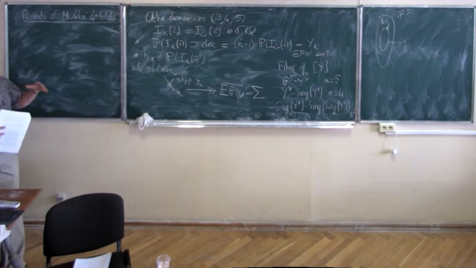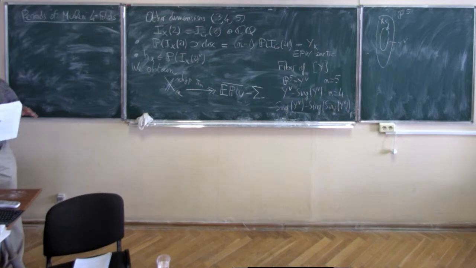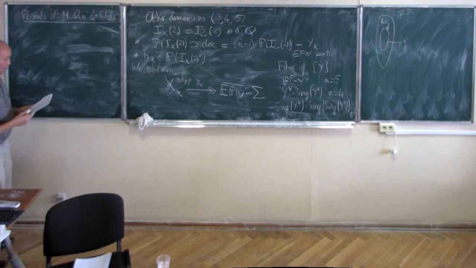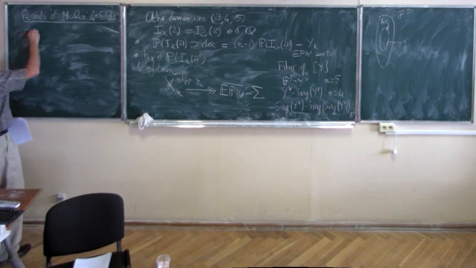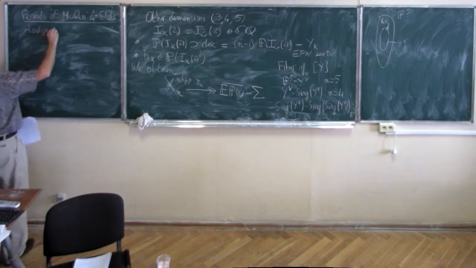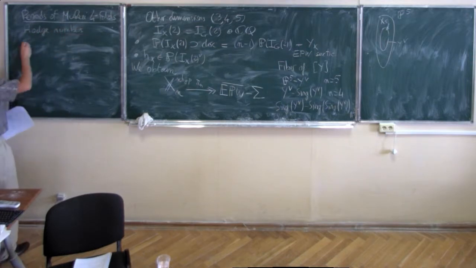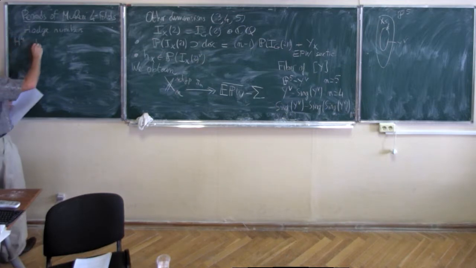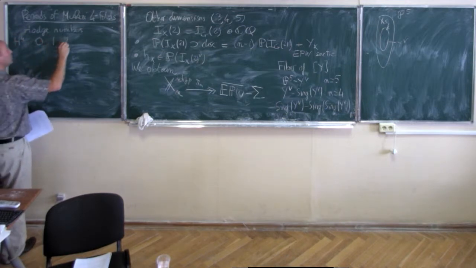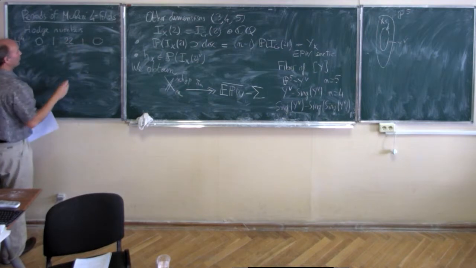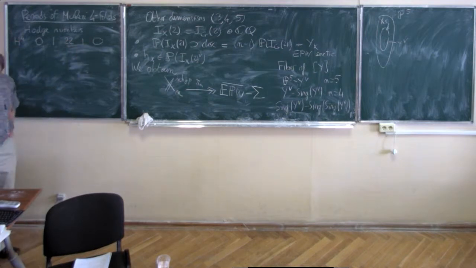In dimension 3 and 5, you have a Hodge structure in the middle degree, which gives you an intermediate Jacobian. For 4-folds, it's a Hodge structure of K3 type. So actually, the Hodge numbers in dimension 5, they're interesting only for H4, and it's 0, 1, 22, 1, 0. So this is what I mean by K3 type.